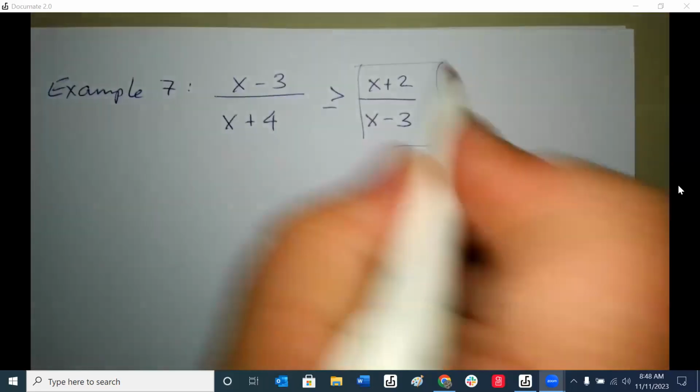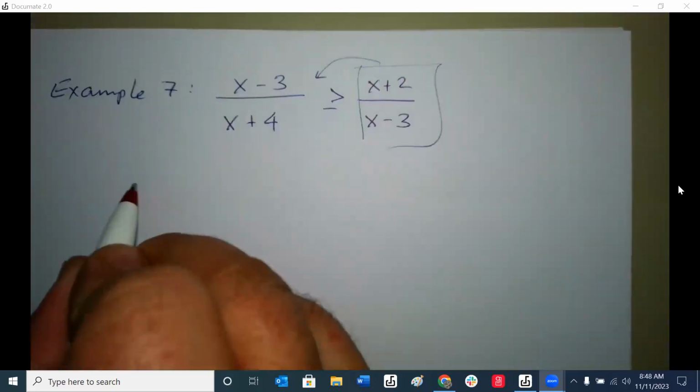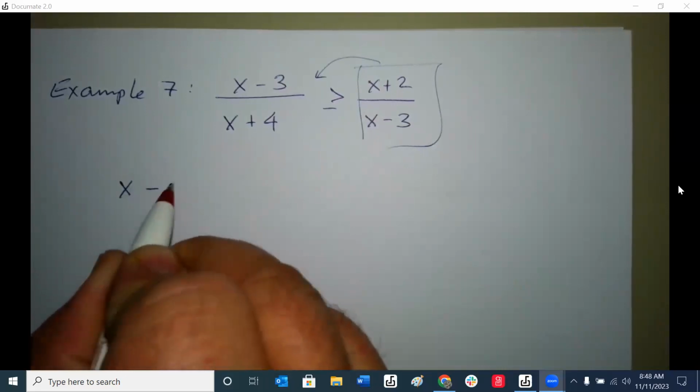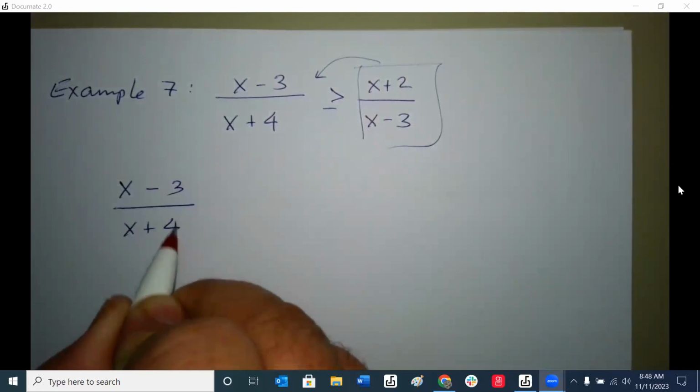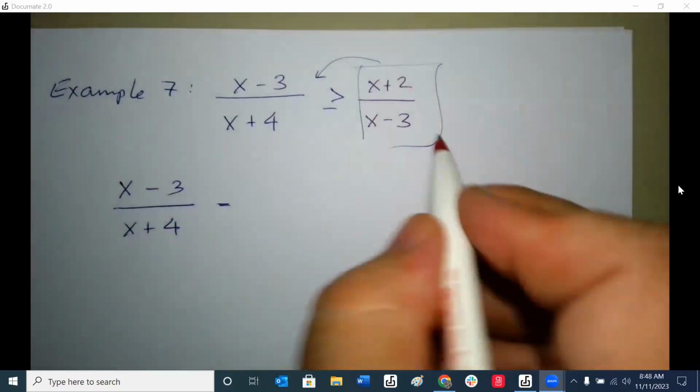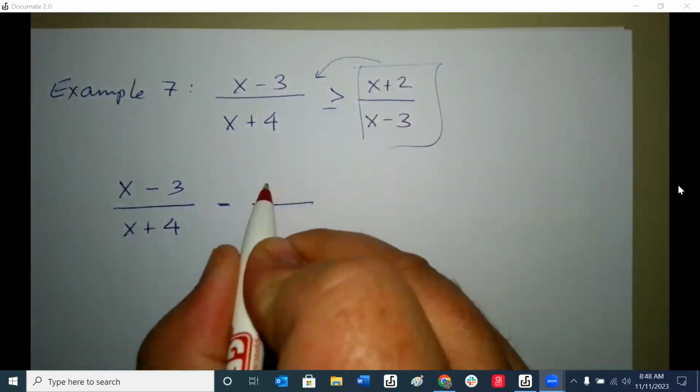Let's move this whole thing over. So we have an x minus 3 minus this entire fraction.